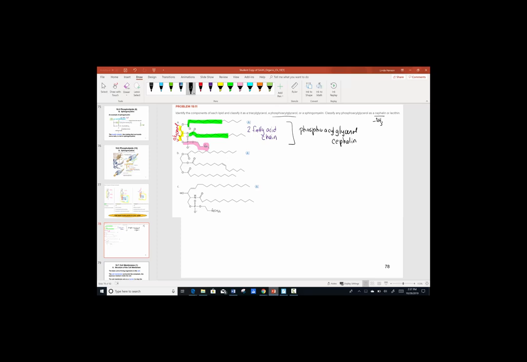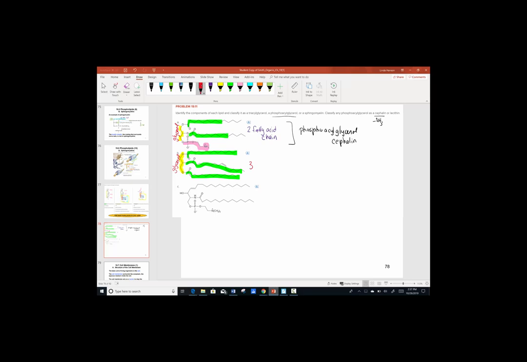Let's peek at letter B. Letter B, I can recognize a glycerol backbone, a 3-carbon chain. The first carbon chain comes from a fatty acid. The second is a fatty acid, and the third is a fatty acid.